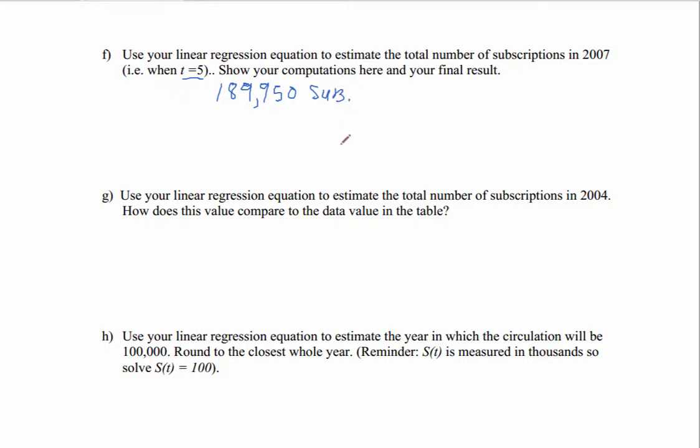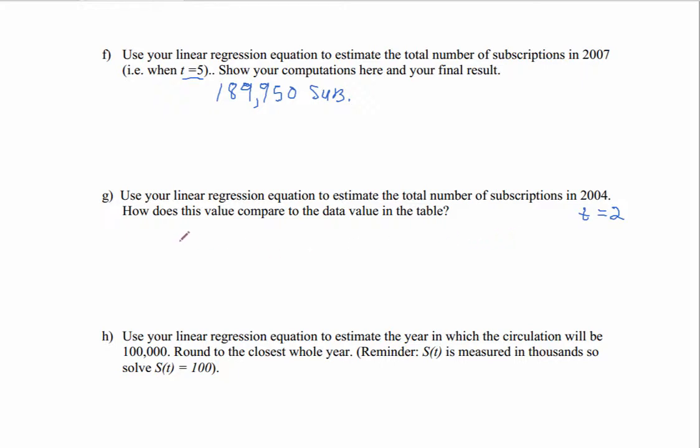Okay, use your linear regression equation to estimate the total number of subscriptions in 2004. How does this value compare to the data in the table? Okay, so 2004 would be what? That's going to be t is equal to 2, right? Because we started in 2002, so 2 years later would be 2004.